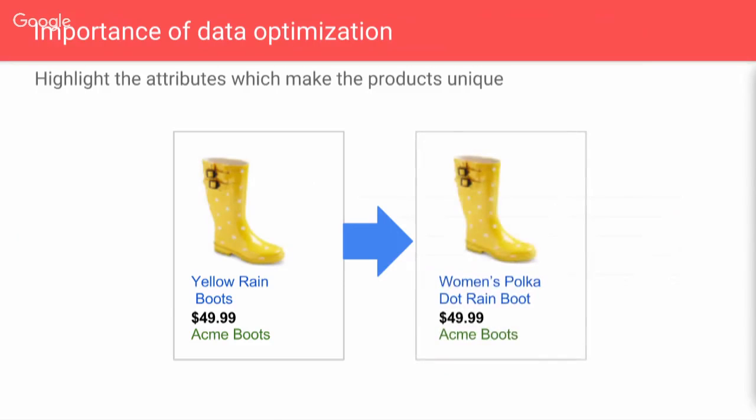So we might have said yellow rain boots before, but in actuality, people aren't looking for yellow rain boots as much as they're looking for women's polka dot rain boots. So we're more specific, and we're focusing on the attributes that people care about and that make it unique. This is really going to help your shopping ads, not only for the quality score and how much you're paying, but also for relevance so that people are actually converting.